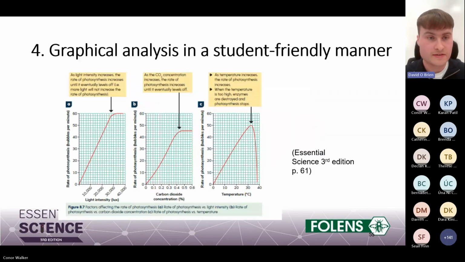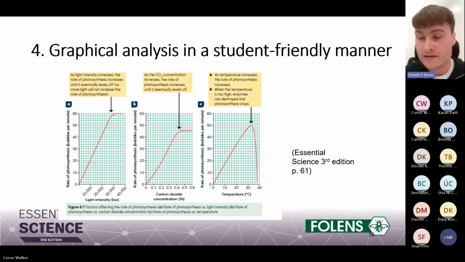Next slide, please. The fourth feature of the third edition of Essential Science is that graphs are presented in a student-friendly manner. This layout of the graphs helps students better to notice trends and patterns, which of course they are expected to do in their exam. We have one there on the screen with different factors affecting the rate of photosynthesis.